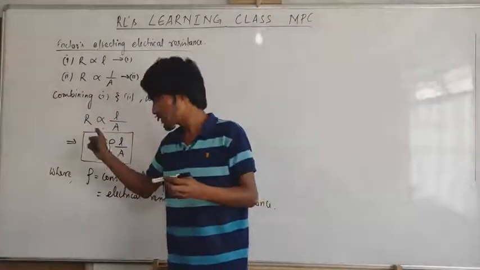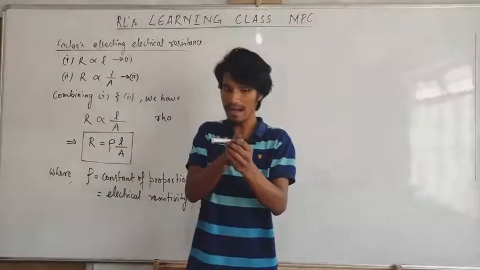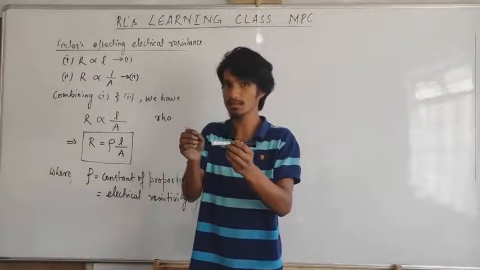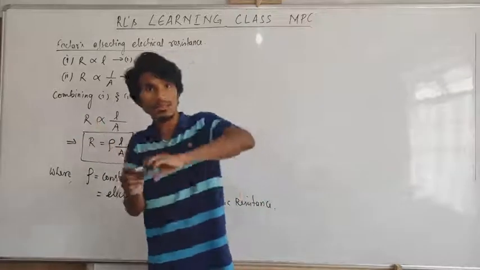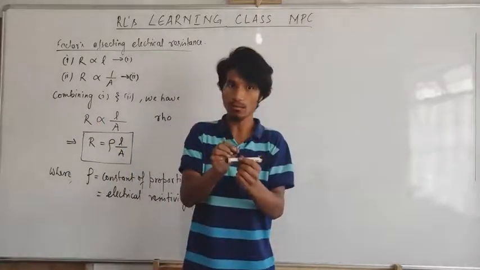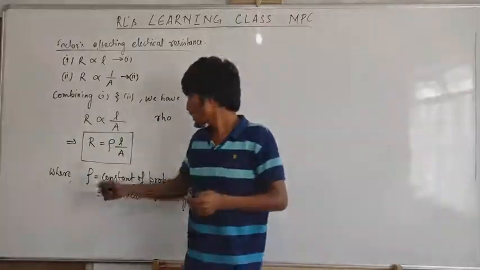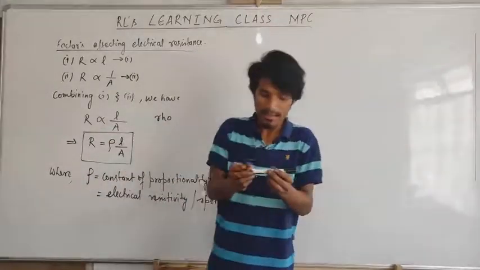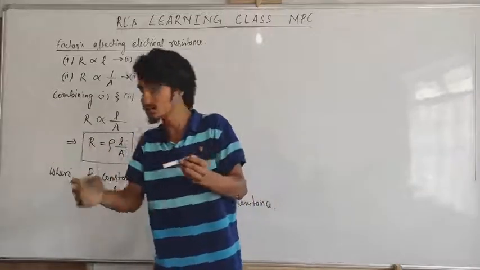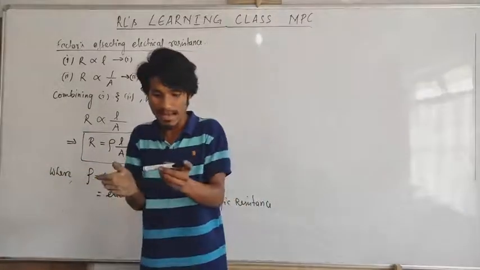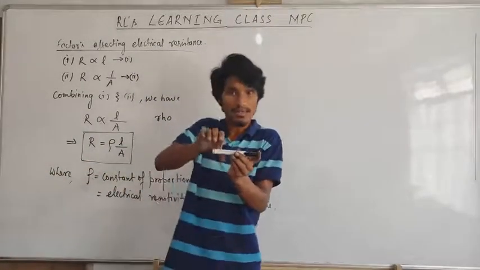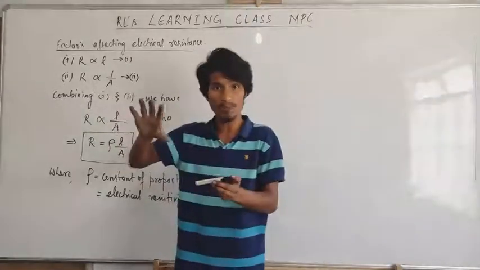Look, the resistance for this conductor at 10 degrees Celsius has some value. At 20 degrees Celsius it has some other value. It won't be the same. As the temperature changes, resistance also changes. As the length of the conductor increases, R increases. As the size of the conductor increases, resistance becomes smaller.